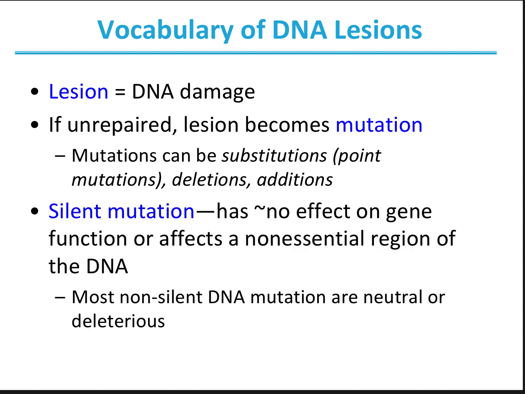A silent mutation has no effect on gene function, or it affects a non-essential region of the DNA. In contrast, there are non-silent DNA mutations which do result in a change in the amino acid sequence. Most of these non-silent DNA mutations are neutral or deleterious. Very rarely are they advantageous.